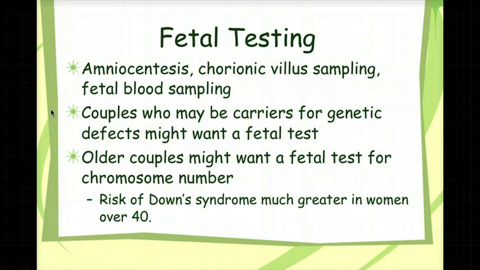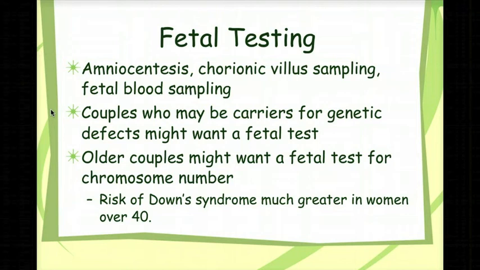Also, people that are over the age of 40 carry a much greater risk of having a child with Down syndrome. So older couples that wait to have children, so they are older when they have children, once again their gametes have been around for a longer period of time, may have undergone a mutation, they may want to get tested before or have a fetal test done shortly after conception.